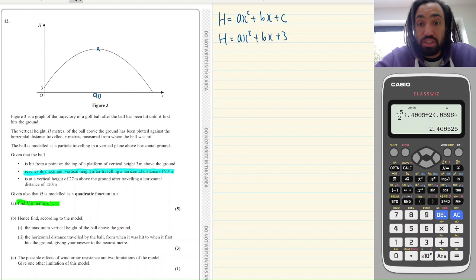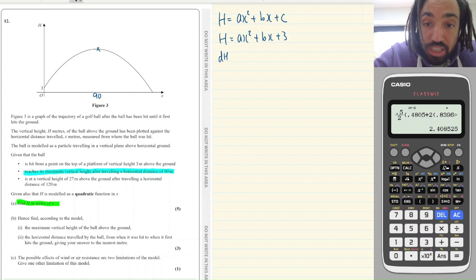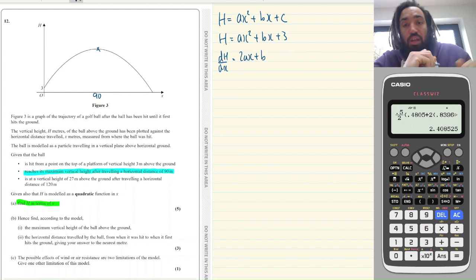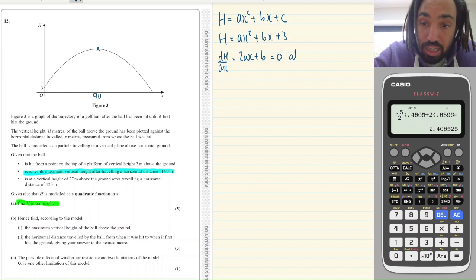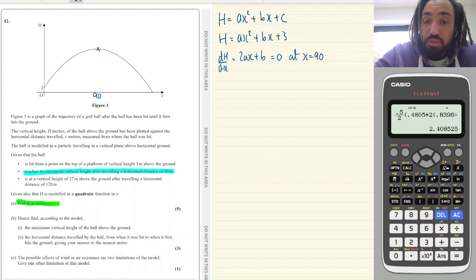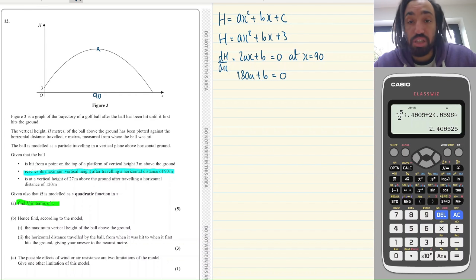We know that the gradient is 0, so we know that dh by dx, which is equal to 2ax plus b, we know that that is equal to 0 at x equals 90. So subbing in x equals 90 gives me 180a plus b equals 0. Okay, so that's an equation which we'll need to solve.